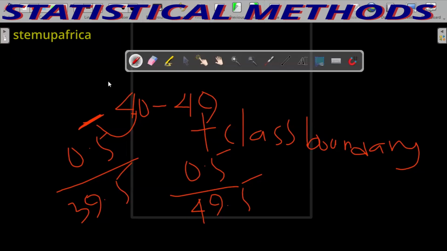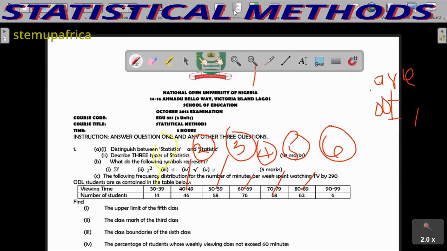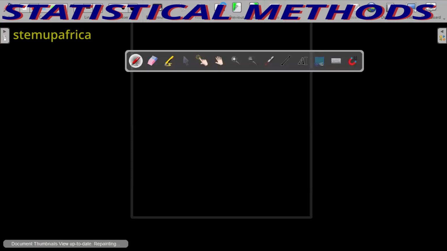So let's go back to the question. We are dealing with the sixth class, which is 80 to 89. What are they asking of? The class boundary of the sixth. They didn't tell us whether it's the lower class boundary or the upper class boundary, so we are going to deal with the two. So we'll be having 80 to 89.